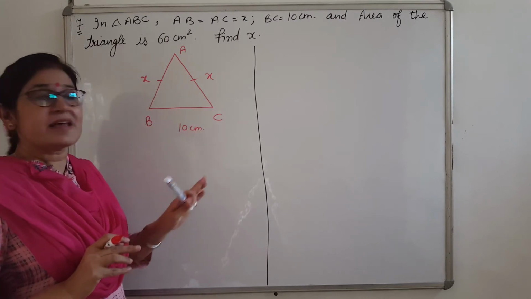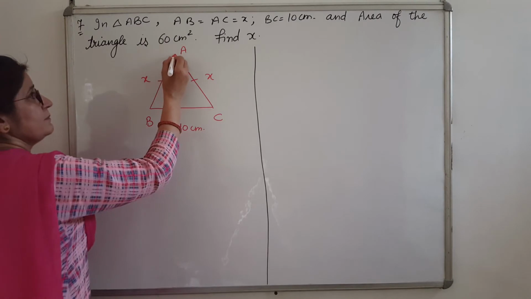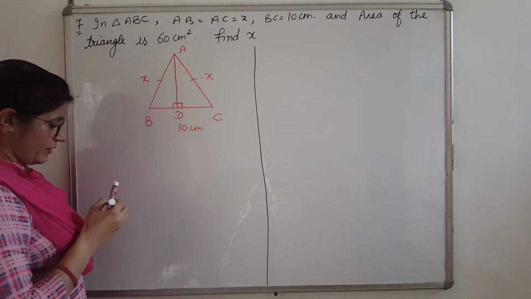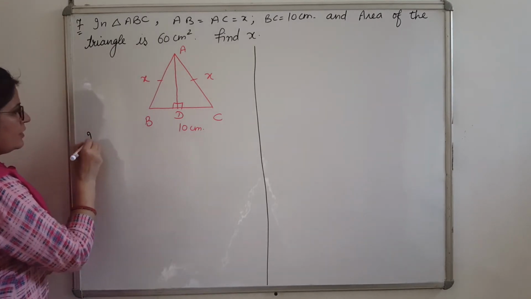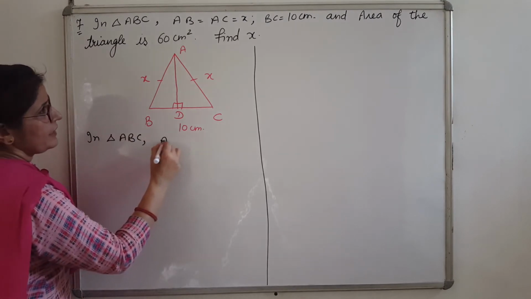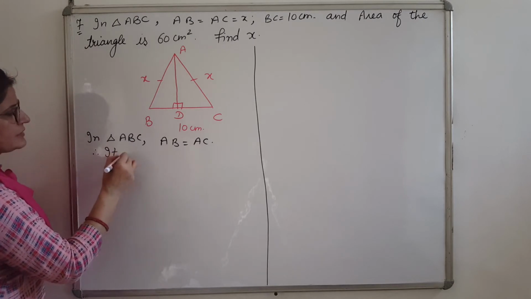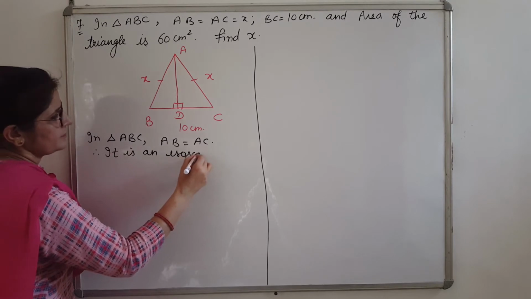In an isosceles triangle, the perpendicular drawn from vertex to base bisects the base. That means D is the midpoint. So, we will start our answer now. In triangle ABC, AB equals AC. Therefore, it is which triangle? Isosceles triangle.